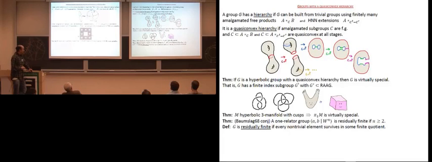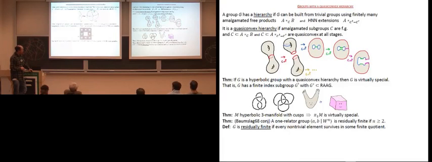My intended application was to three manifolds. That's the problem I was after. So in particular, if you took a hyperbolic three manifold with cusps, then this theorem, or something slightly stronger than it that I didn't mention, was already powerful enough to show that the fundamental group of that three manifold is virtually special. So a hyperbolic knot complement, for example, has fundamental group which is virtually inside of a RAAG.